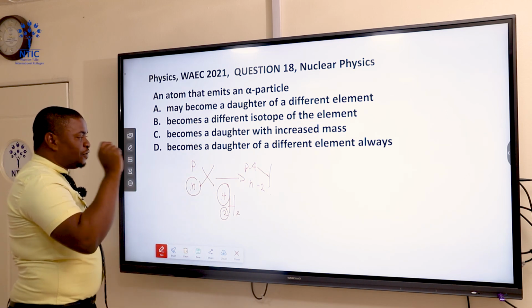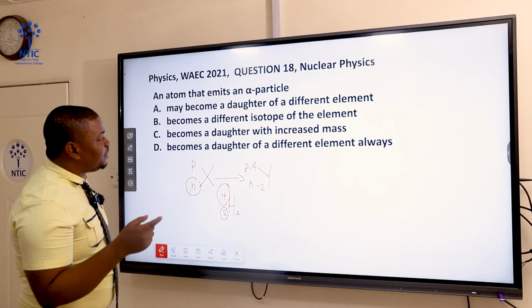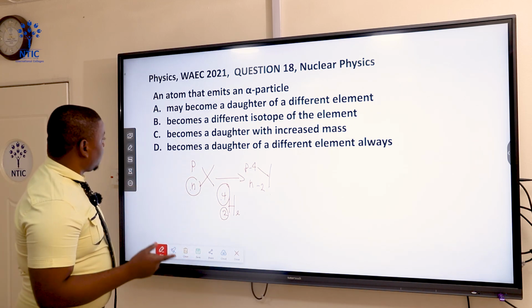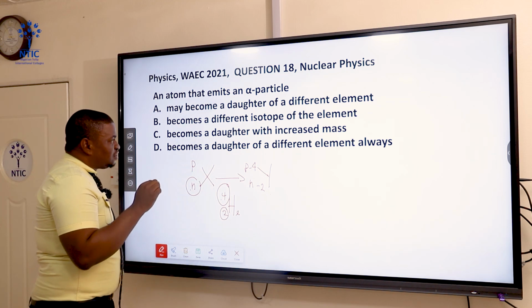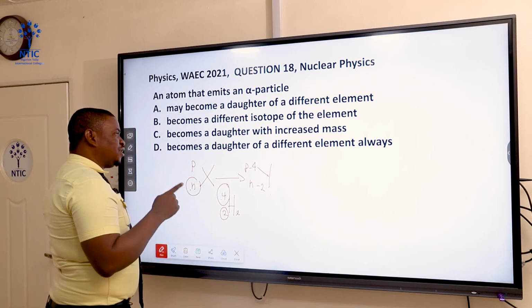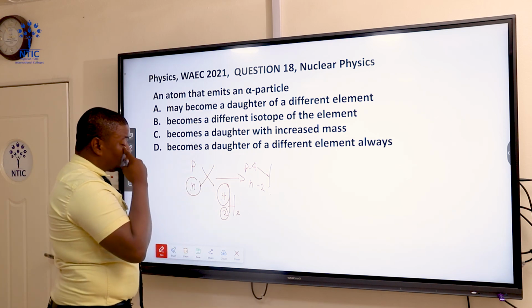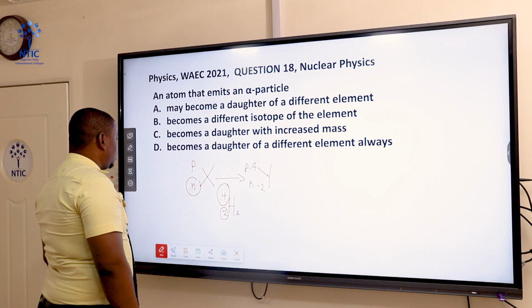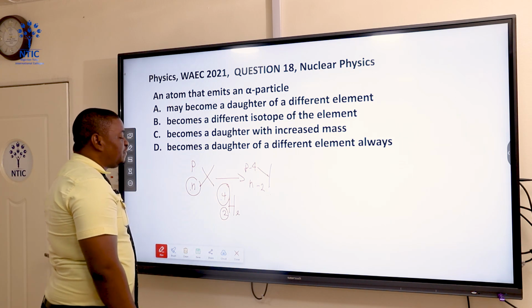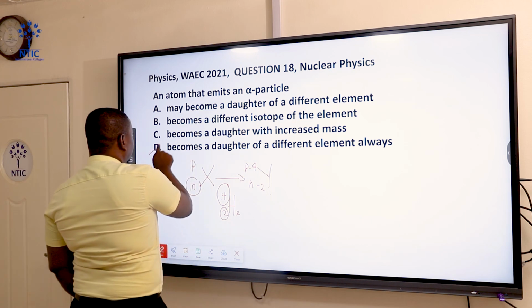So here, option A, a different isotope of the element? No. Become a daughter with increased mass? No, the mass will not increase, it will reduce. D, becomes a daughter of a different element. Always. Not maybe.